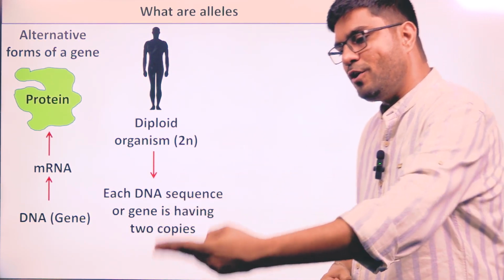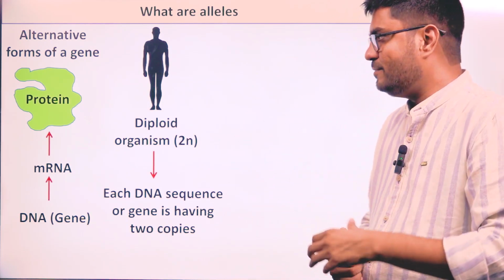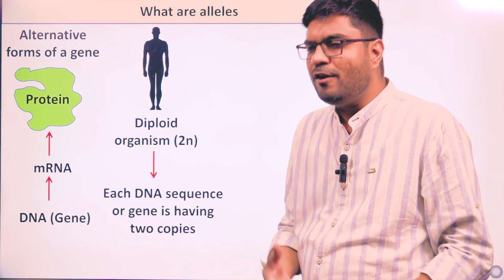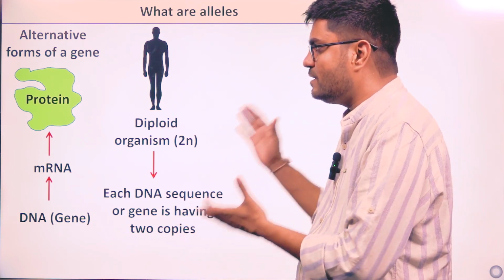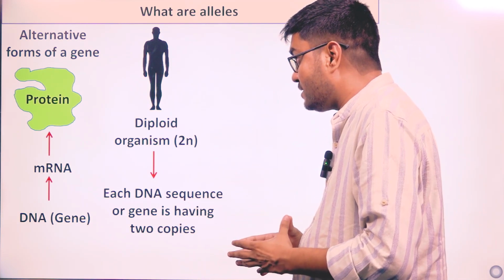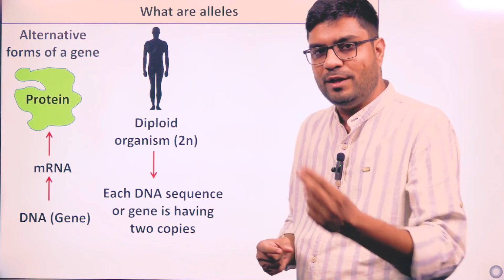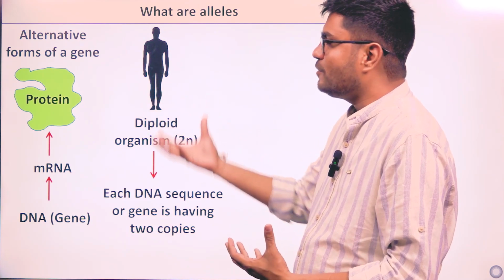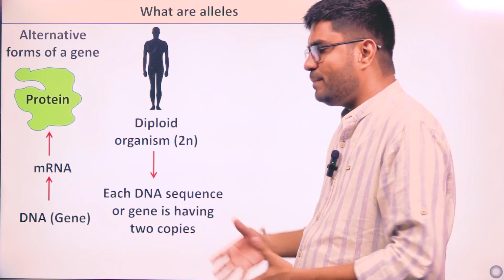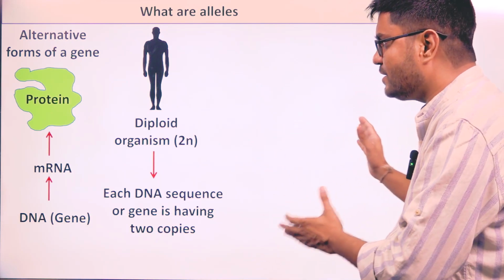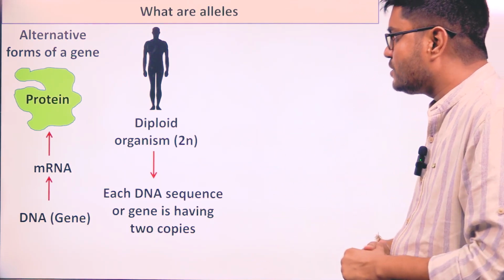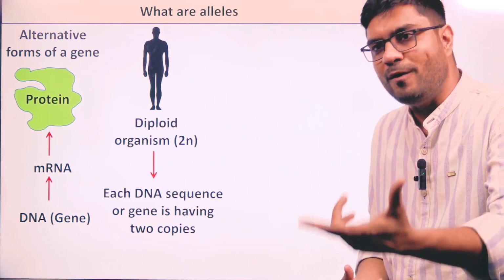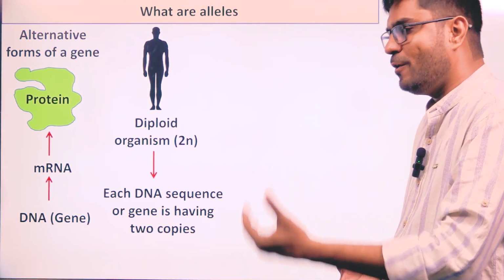Means it is having two copies of that particular gene, and both the copies are able to give the proteins, or sometimes they are not giving the proteins. We will see further. But yes, in one organism we are having two alleles for a particular gene, right? And alternative forms of a gene means those two copies can have different characteristics.